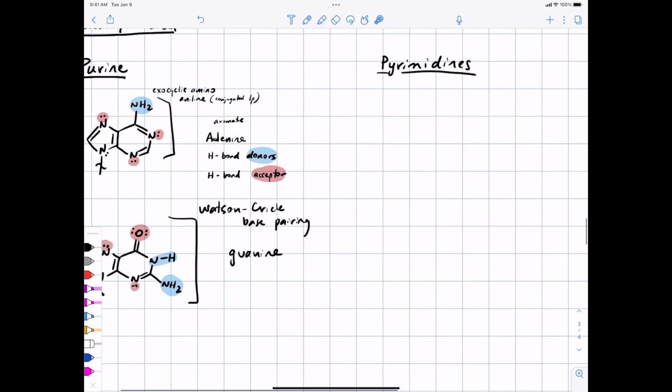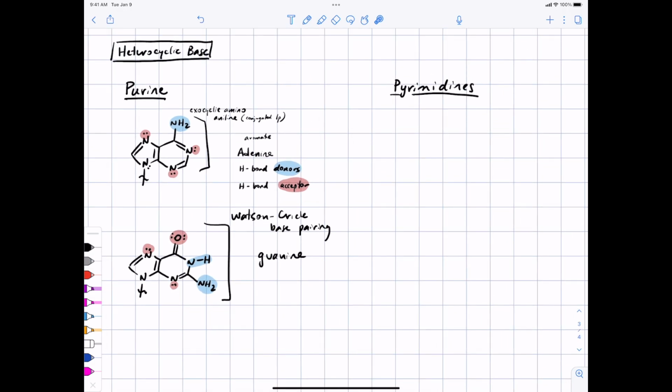Stuff to memorize. Okay. So pyrimidines are 6-membered rings. They're smaller than the purines. Their shape is different.